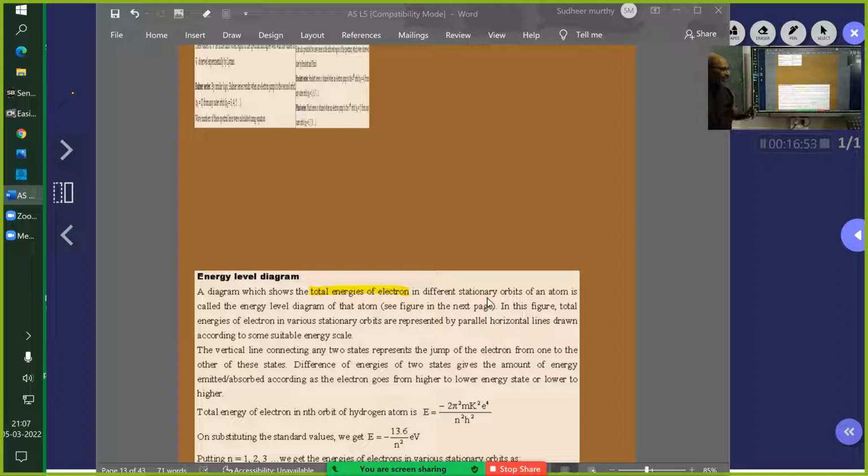Another reason why the word stationary orbit is used is that when we convert the electron into its wave nature, that is a wave function, and you represent the wave function of the electron, you will find the standing wave pattern. The electron can be represented as a standing wave, and you know what a standing wave is, right? A standing wave is a wave, but it is not propagating energy.